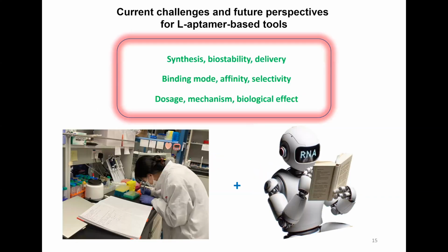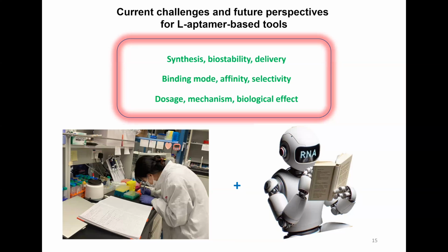So still, there are many things that still need to be done. Someone already asked me before in the poster section, how do you get this L-RNA, how expensive it is. I think it's related to synthesis. Stability-wise, it's very stable. And then delivery, we are trying to improve it. Maybe some of you will ask me how they interact with G4 later on, so save that.